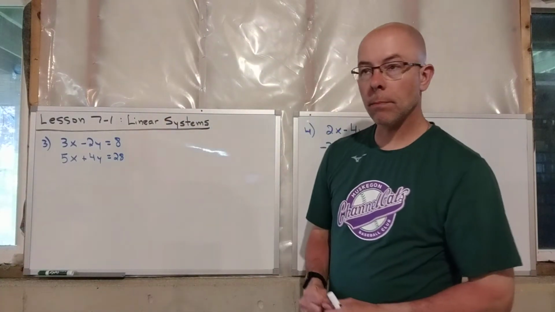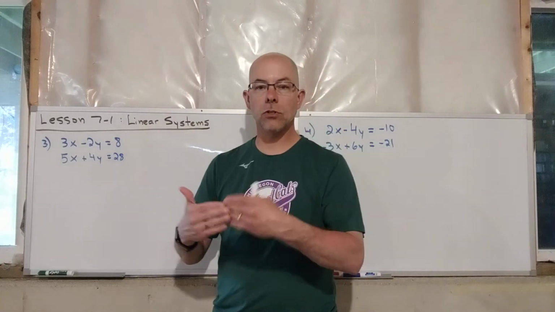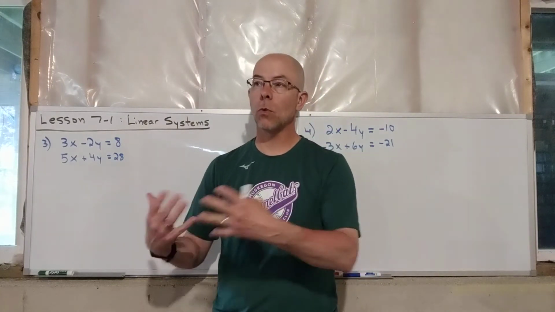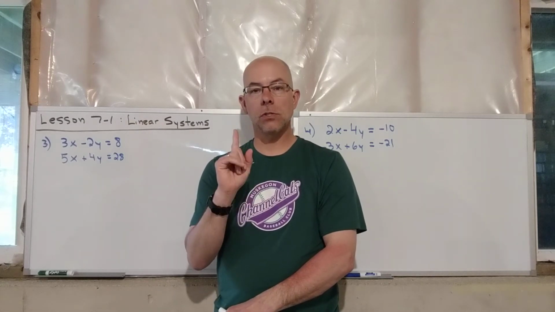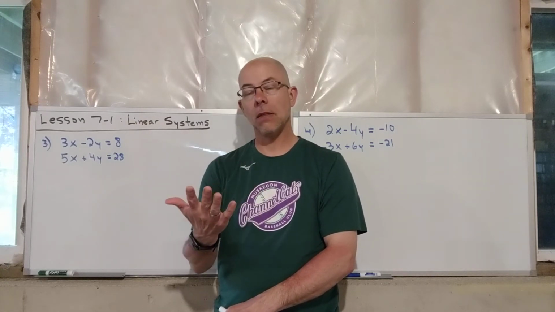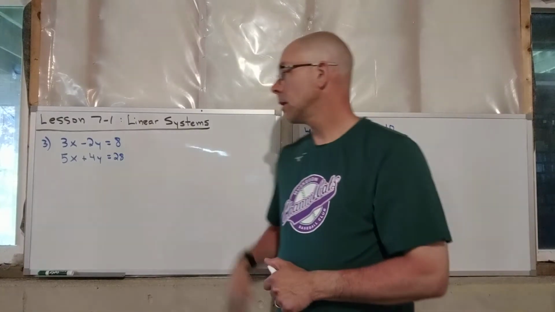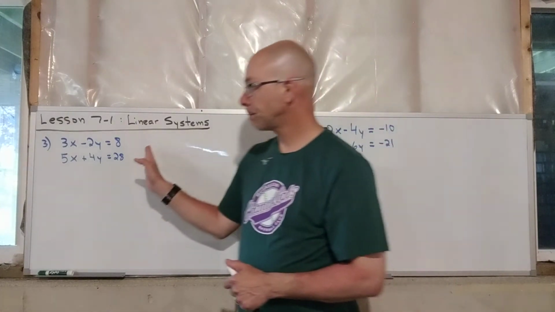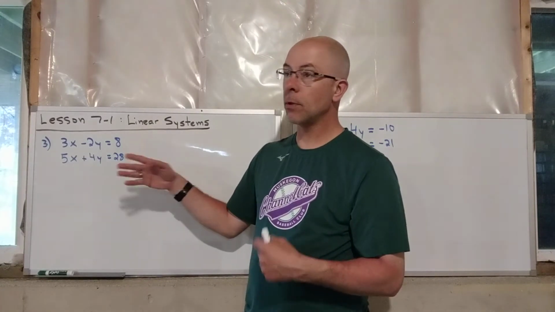At some point here, people, in both of these examples, I am going to add the two equations of the system together to form one equation. When I do that, I want one of the variables to cancel, or as the method is called, eliminate. Right now, if I were to add these two equations together, a variable doesn't eliminate.